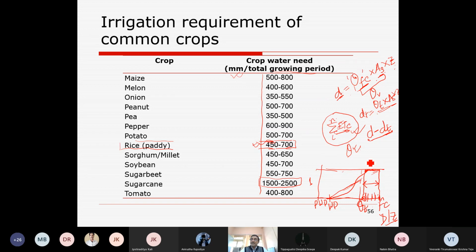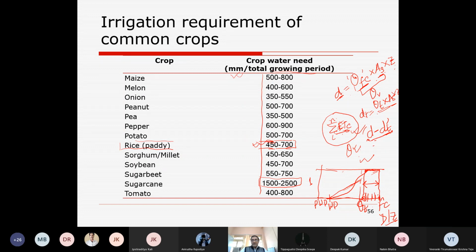And that is simply a function of evapotranspiration. So if we are accumulating daily evapotranspiration, the moment this amount of water is reached, it is simply time to irrigate the crop to avoid any loss of return or basically produce or yield.